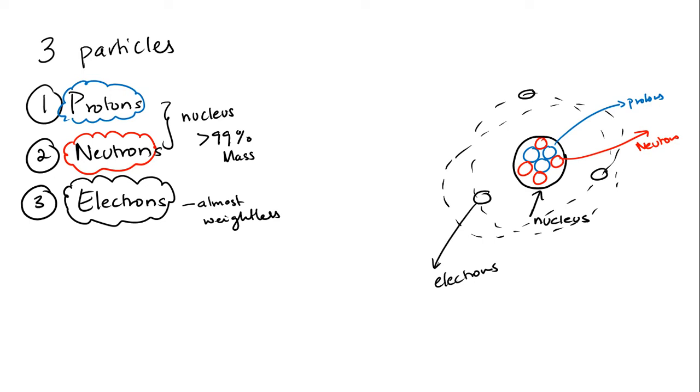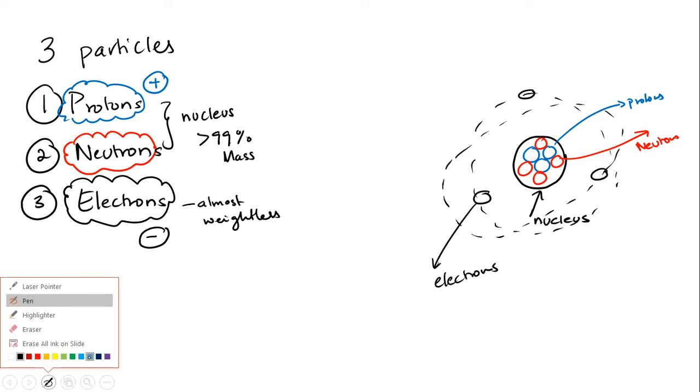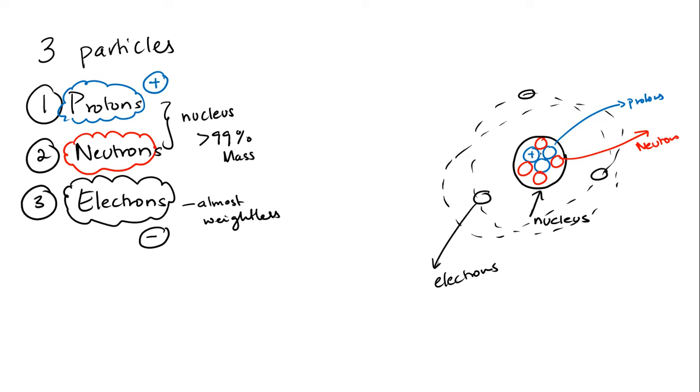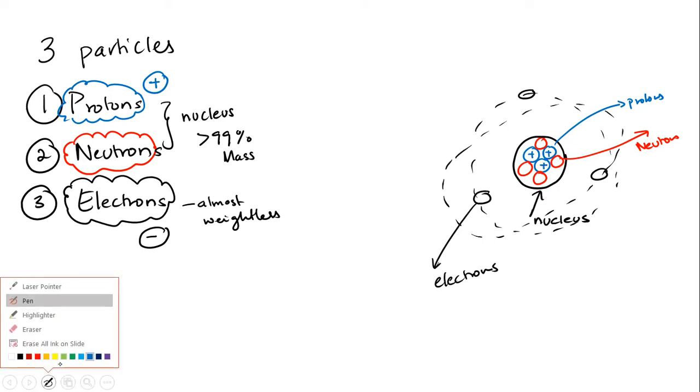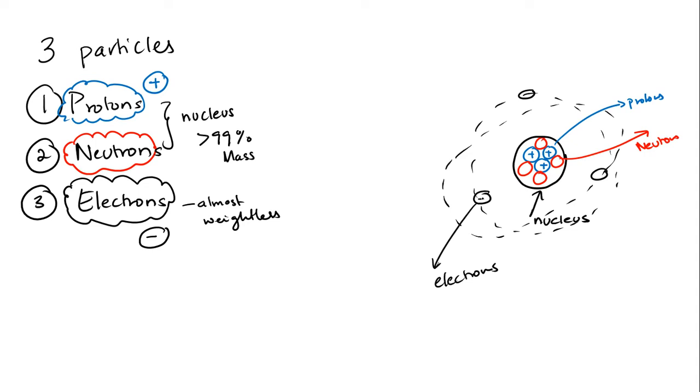One of the three subatomic particles is positively charged, and that particle is a proton. And one is negatively charged, and that particle is an electron. So I am going to put plus signs inside my protons to show that they're positively charged, and minus signs inside my electrons to show that they're negatively charged.